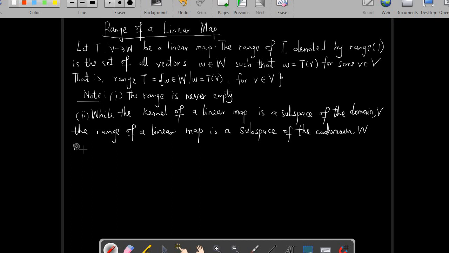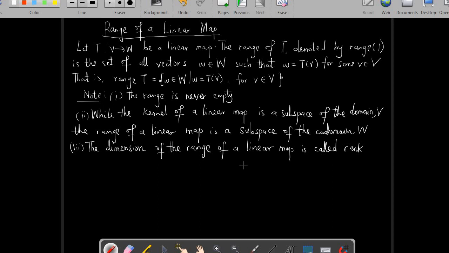The third note: now the dimension, we discussed dimension. The dimension of the range of a linear map. Remember, for the kernel, we said the dimension of the kernel is called nullity, but the dimension of the range of a linear map is called rank.